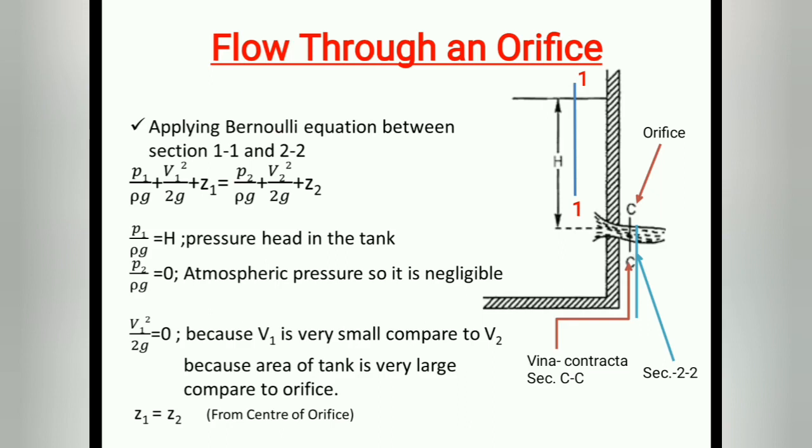Now V1 square by 2g is also negligible, because the velocity of the jet is very high compared to the velocity of the liquid in the tank. The level decreases in the tank very slowly, but at the jet we get a high velocity due to the head H. So V1 is negligible compared to V2, because the area of the tank is very large. Now Z1 and Z2 are equal, because the head is the same from the bottom.